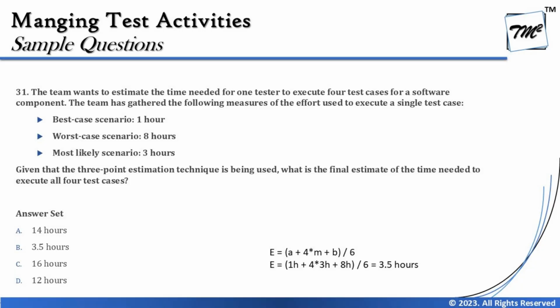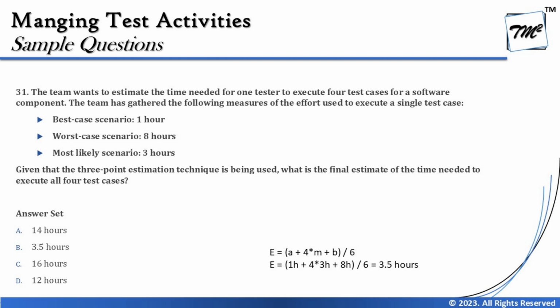First of all, we remember the formula of estimate is (A plus 4 times M plus B) divided by 6, right? At this point, we certainly understand A represents the most optimistic estimate, M represents the most likely estimate, and B represents the most pessimistic estimate.